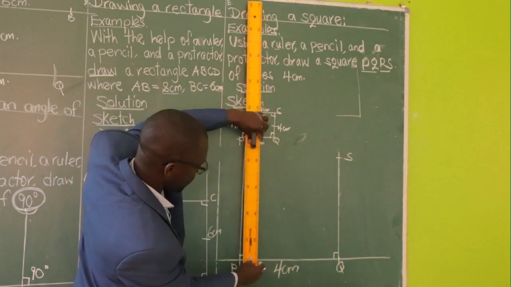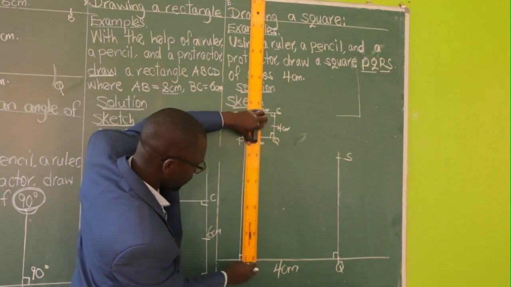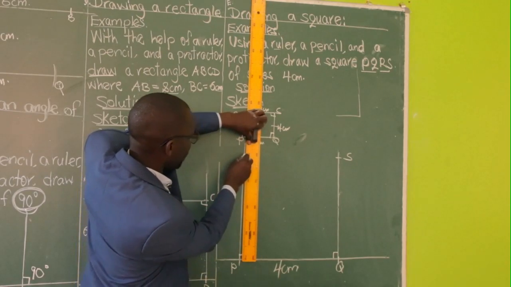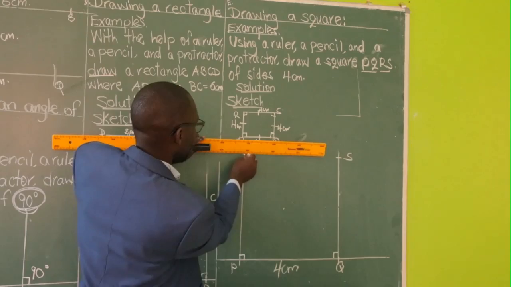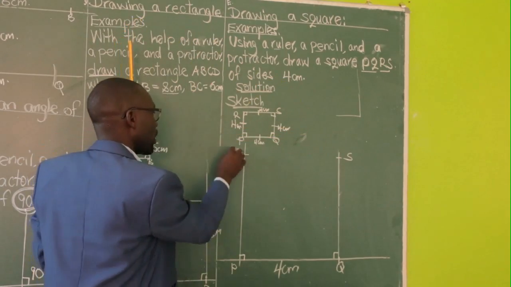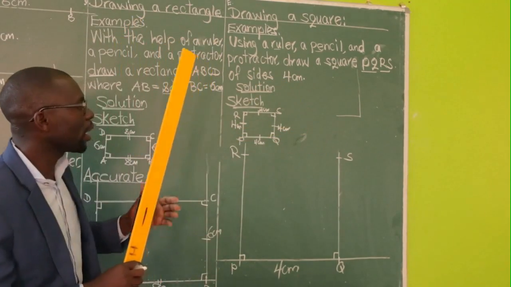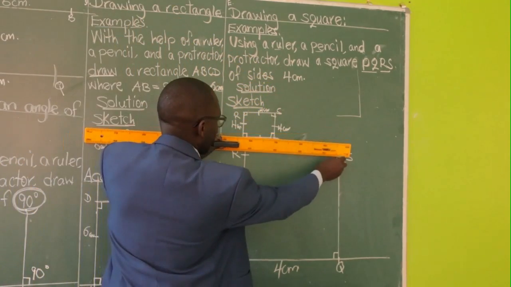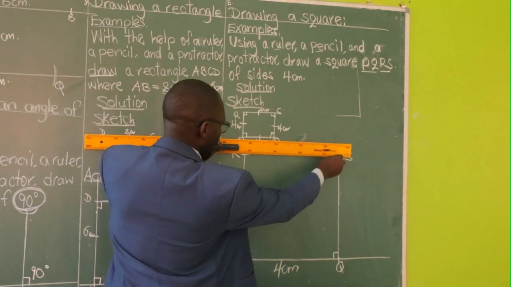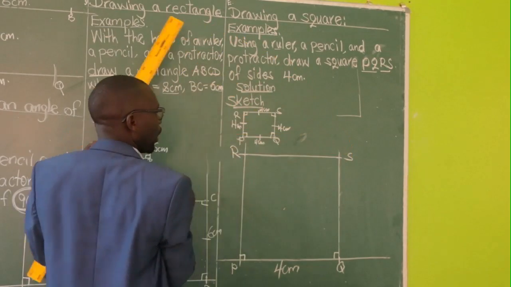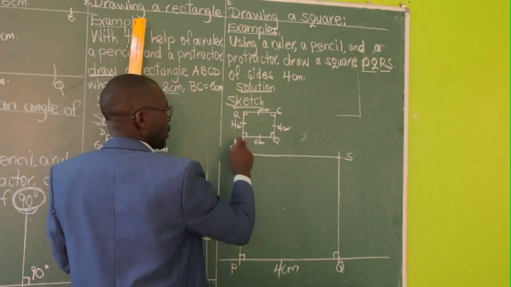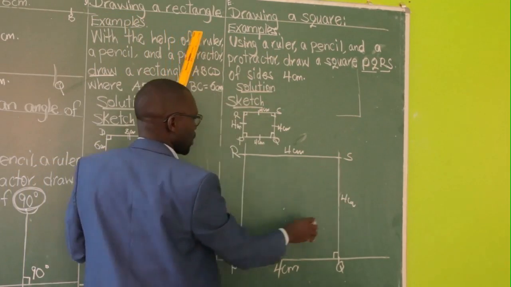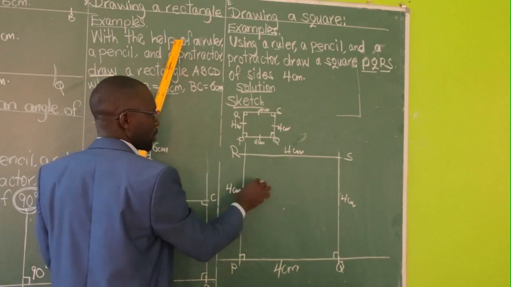So now we come and say 0, 1, 2, 3, 4. We have our point there, 4 centimeters. And now this is point R. But we cannot just leave it open like this. We have to close it. So we draw a line there, and we connect those 2 points. So this is RS, it's also 4 centimeters, this is 4 centimeters, and also this is 4 centimeters.